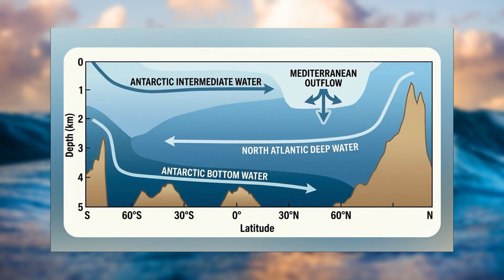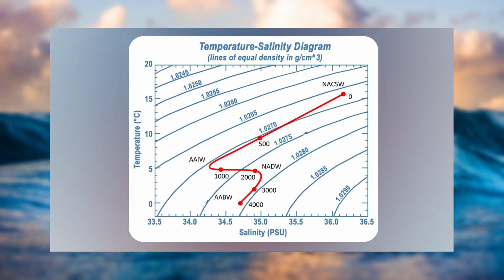Then between about 800 to 2100 meters, AAIW transitions into the NADW layer. Just past 2100 meters, the deepest water mass is AABW, located at around 4000 meters. You will notice that the transition between NADW and AABW takes place from about 2100 to 4000 meters.